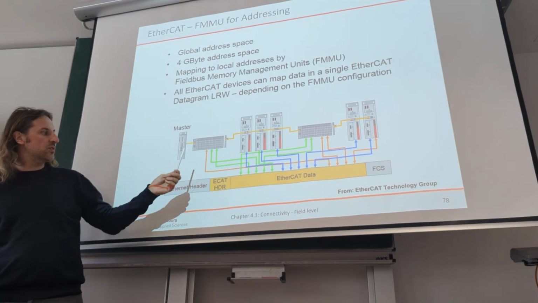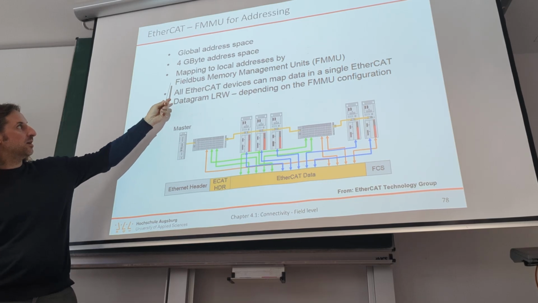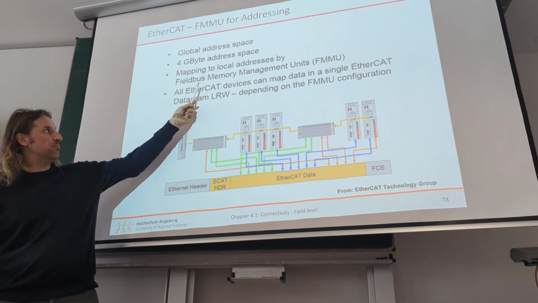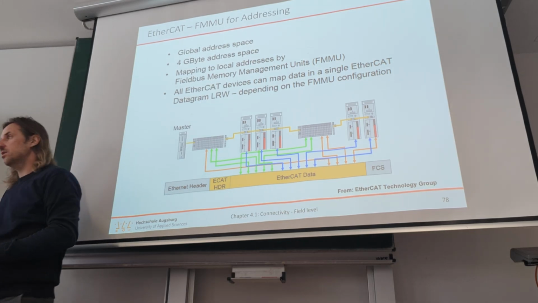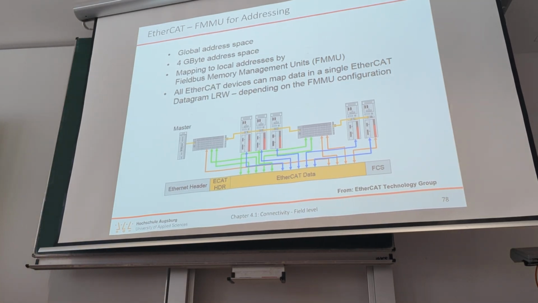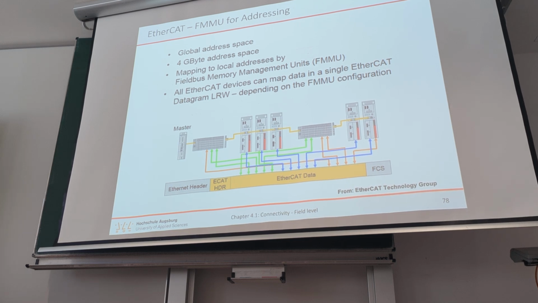And to speed up the process, they have these field bus memory management units, and they do the mapping on this EtherCAT frame to allow a fast extraction and adding of the data to that frame. And this mapping needs to be calculated in advance, and we need some additional data for that. We're going to see that later, because it's not like in our normal world.